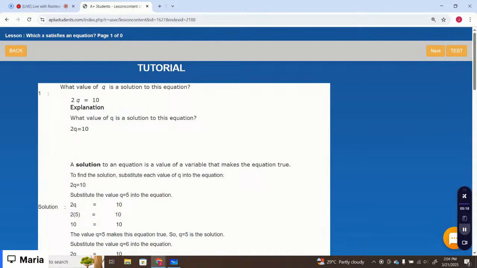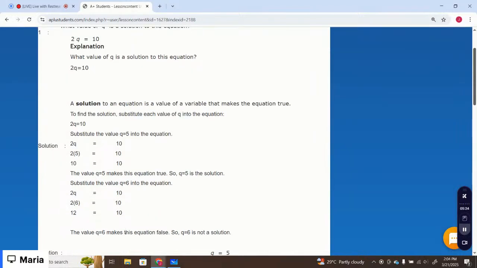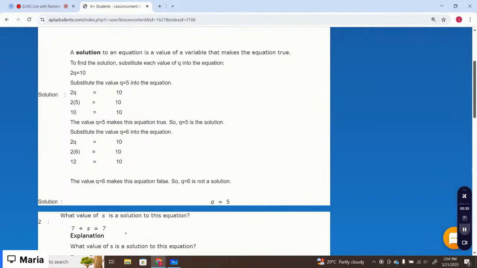A solution to an equation is the value of a variable that makes the equation true. You need to find a number that when multiplied by 2 equals 10. So 2 times what number is 10? 2 times 5 is 10. So the correct option is q equals 5, because that is the value that satisfies the equation.